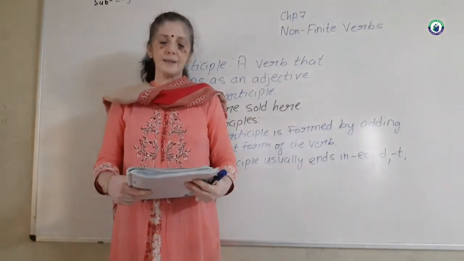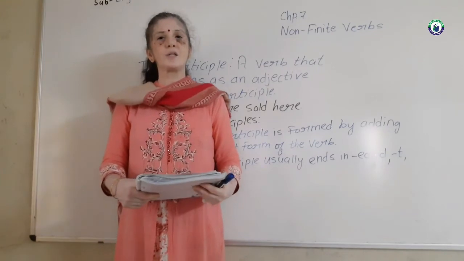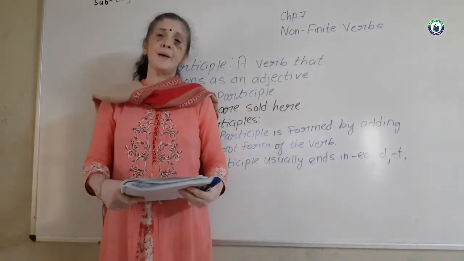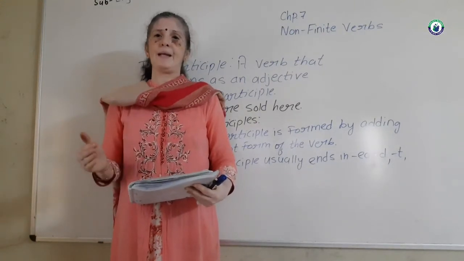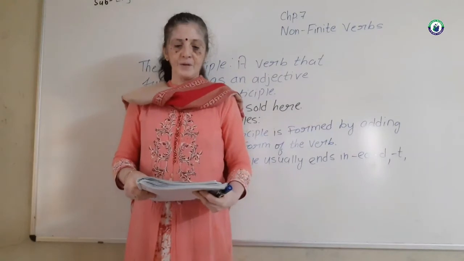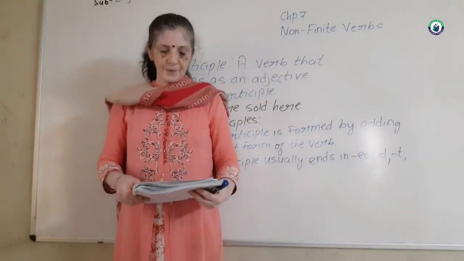The past participle denotes an action that is complete or a state which is over. Means the present participle shows an incomplete action and the past participle shows a complete action, right? The wounded soldiers and the painted shop.